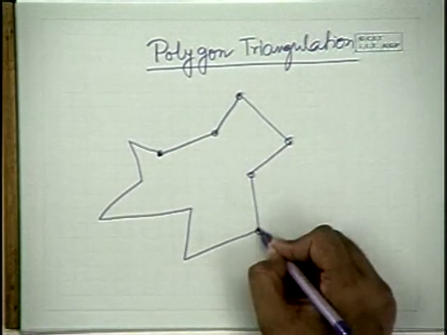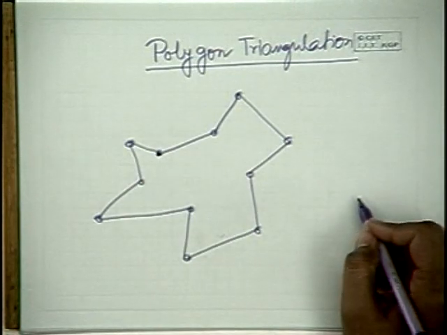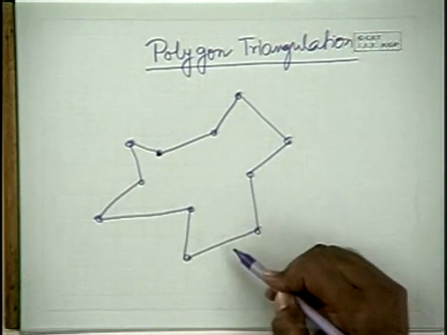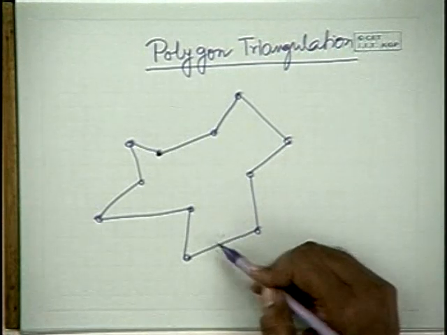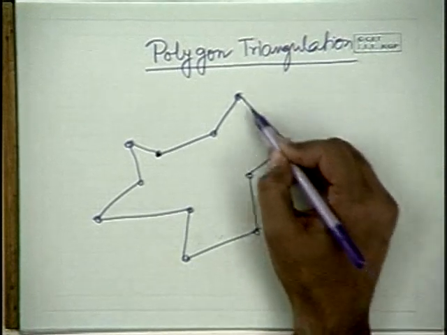So here it is a polygon. I have just drawn one polygon. The assumption is no 2 edges cross, so it's a valid polygon. These are called edges, these are called vertices.